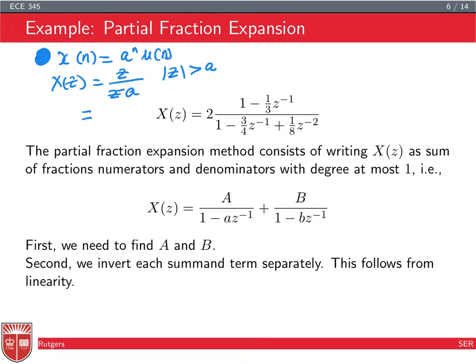Or if we multiply by z to the minus 1, we get 1 divided by 1 minus a z to the minus 1.